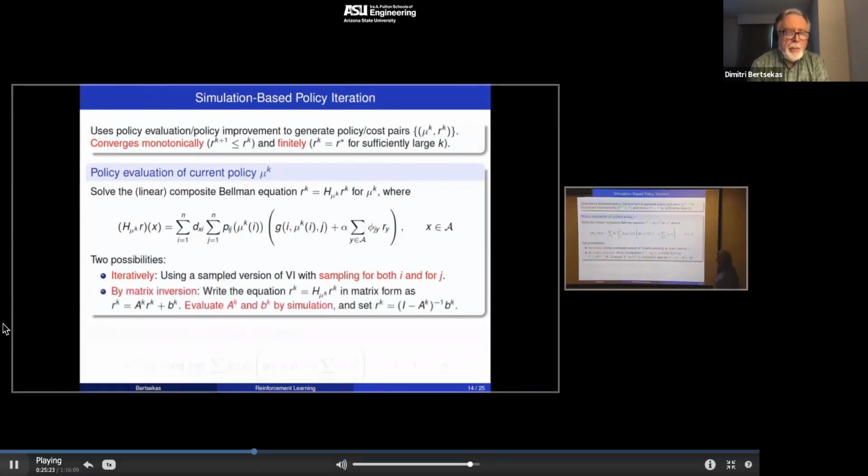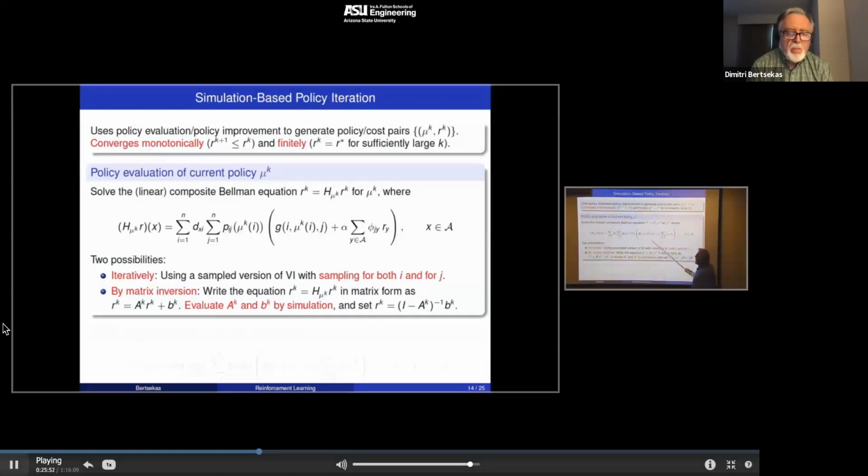But there's also an alternative. Look at this equation, okay? Rk is on this side and Rk over here. It is a linear matrix equation, right? And it can be written in this form, where Rk appears on the right-hand side, and Rk appears on the left-hand side, with linear coefficients that I collect in a matrix AK.